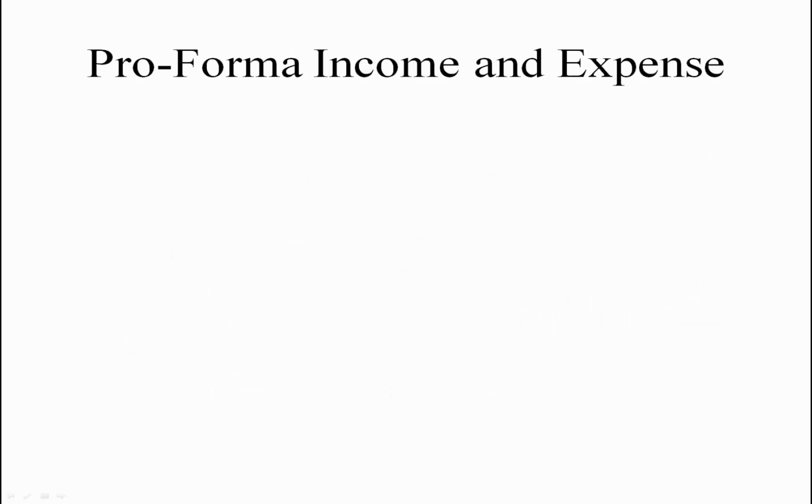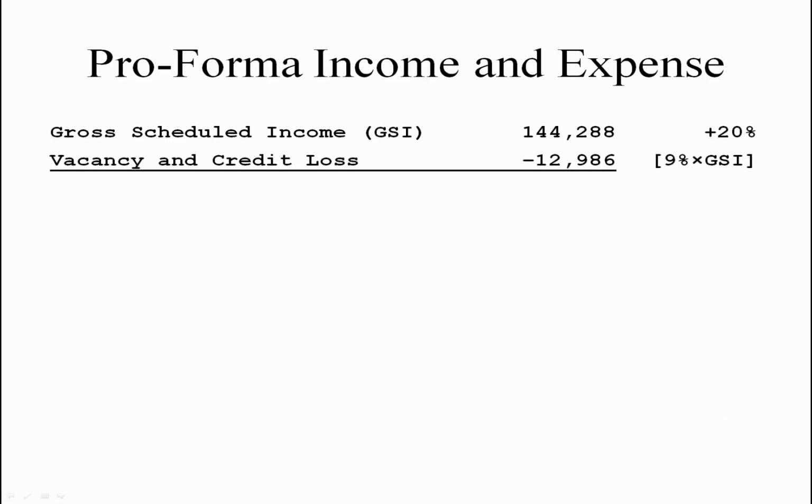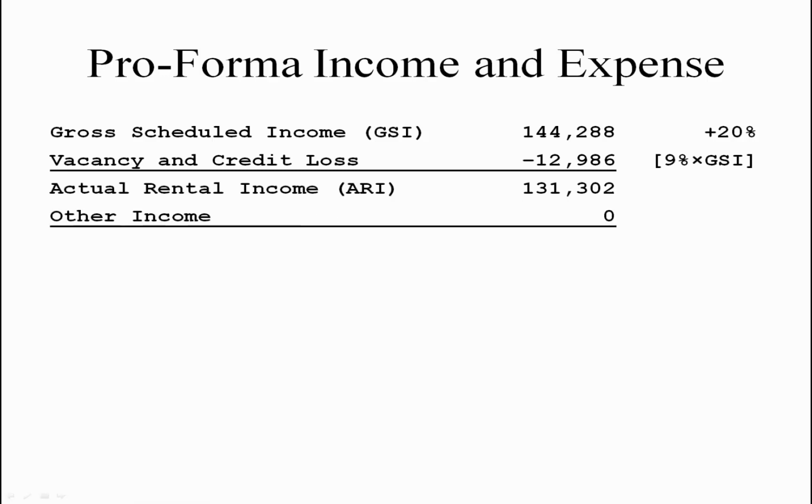Pro forma income and expense. Gross scheduled income increased 20%. Vacancy and credit loss at 9%. Actual rental income. Other income. Effective gross income.